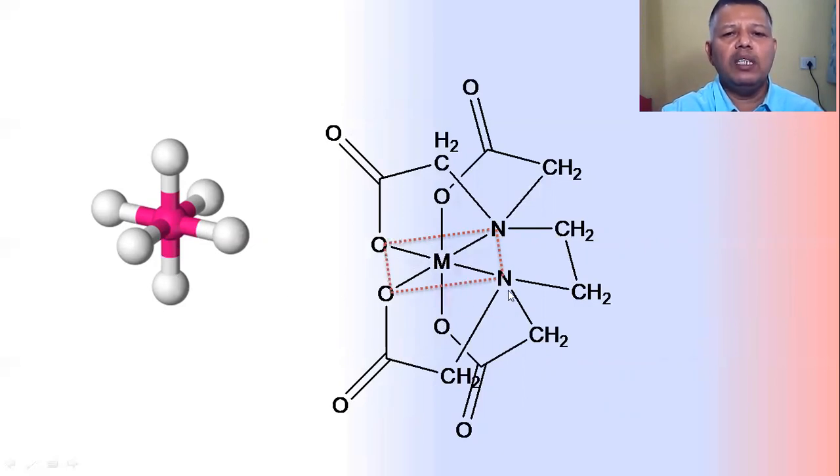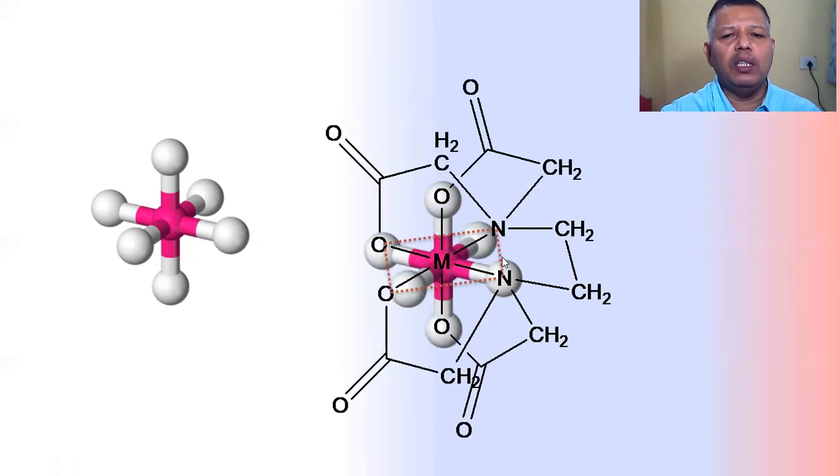It forms a stable complex with the central metal ion, and therefore it forms 4 coordinating bonds from the 4 oxygen and 2 from the nitrogen. In this way, the stable octahedral geometry forms with the help of one ligand, and therefore it is a hexadentate ligand.